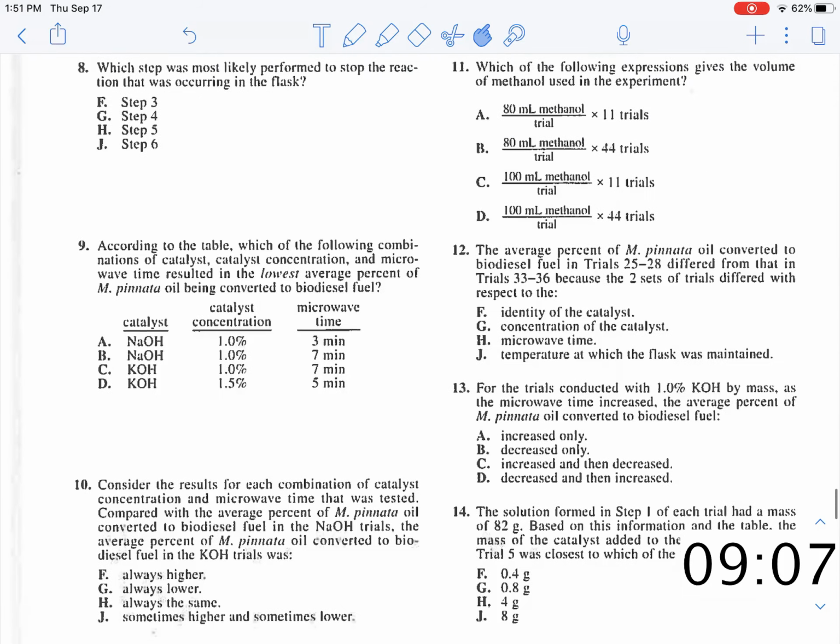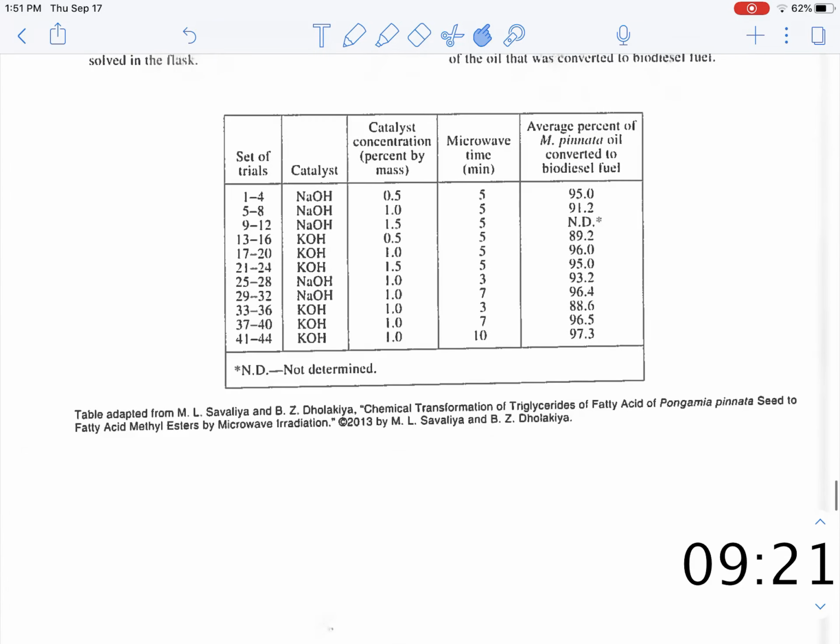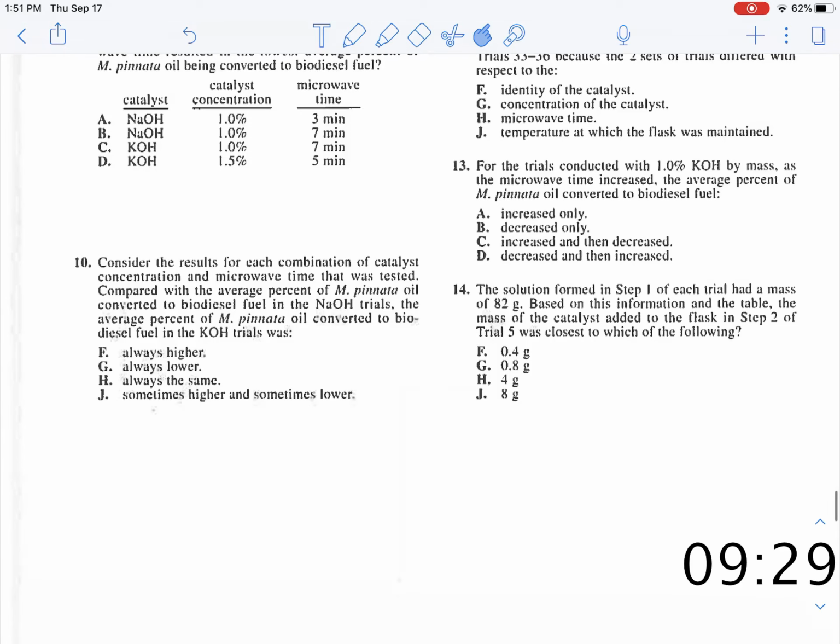Okay, we have 1 minute to finish this. Each combination catalyst, blah, blah, blah. Compared with the average percent converted to biodiesel fuel in the NaOH, the average percent in KOH is sometimes higher and sometimes lower. Yeah, it's sometimes higher and sometimes lower, I think. So that's J.